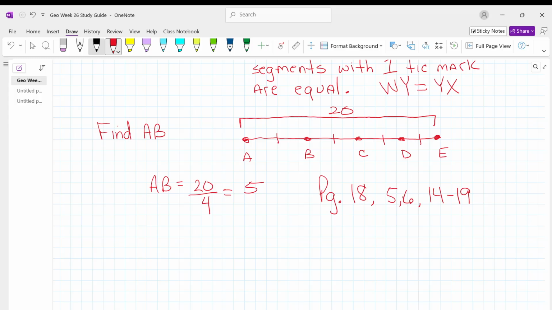When you're done with those problems, you're going to complete your electronic assignment. It'll be called Geo Week 2 EA1.